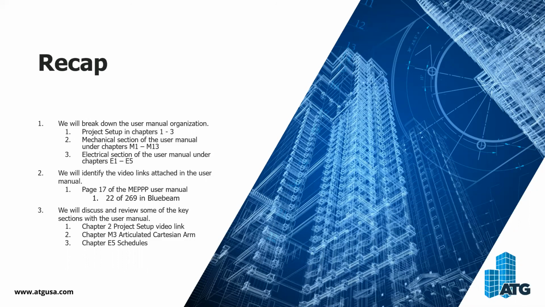Okay, and then finally, chapter E5. There's a ton of information on the schedules, and on seeing what comes about and being able to really check through what you've got going on for your circuiting, and even seeing the motor schedule and stuff like that. The way this pack is built, you can see where electrical talks with mechanical.